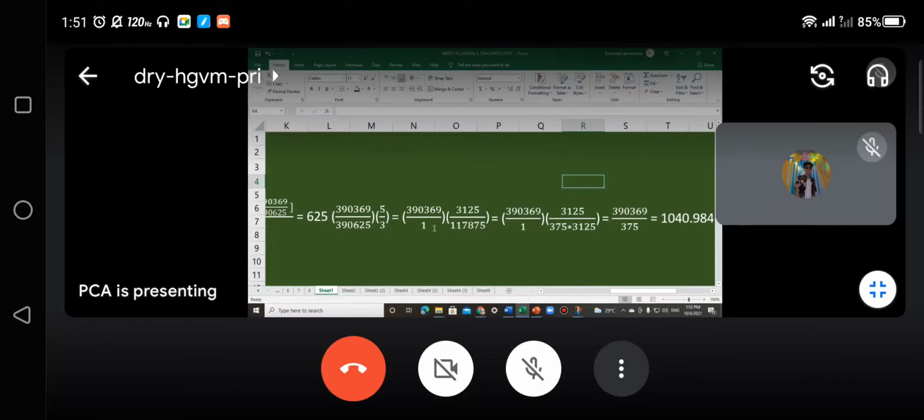So if you notice, this is 1 only now. I combine 39625 times 3 times this 1. But of course, in essence, this is 390, 369. For this one, it's coming from really 625 times 5, and then the 39625 times 3.